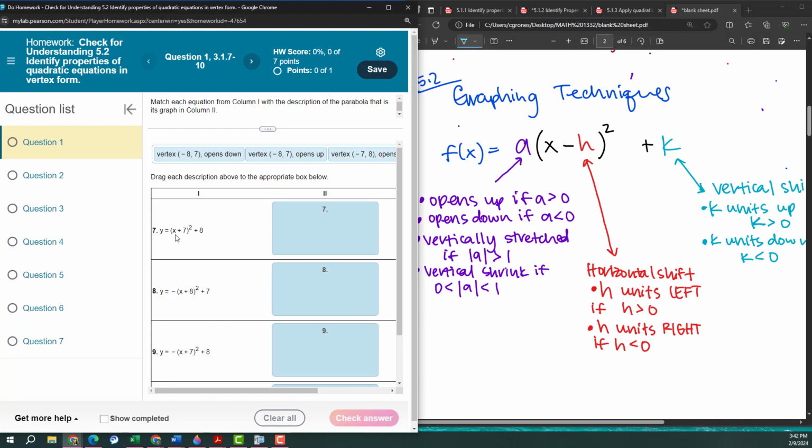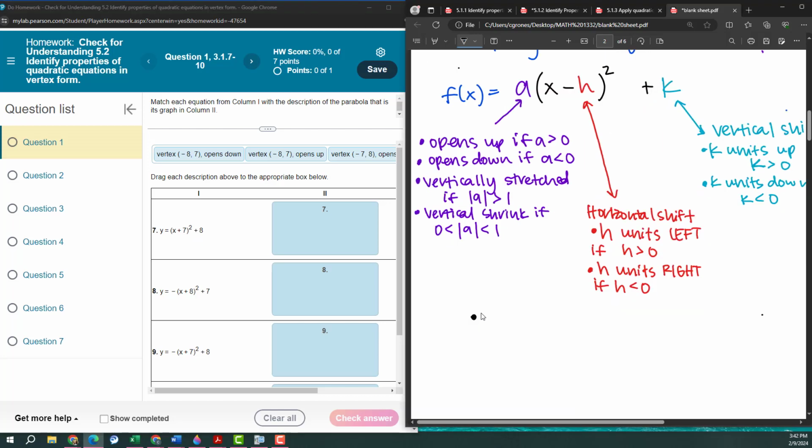So let's look at number 7. It says that y equals (x plus 7) squared plus 8. So don't forget that your vertex for this equation is going to be h. Okay. So x equals h and y equals k.